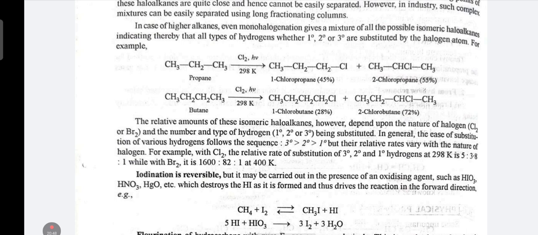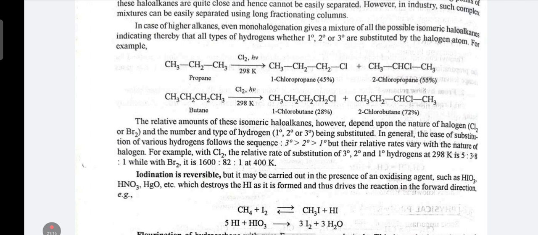The relative amount of isomeric haloalkanes, however, depends upon the nature of the halogen and the number and type of hydrogens, primary, secondary or tertiary, being substituted. In general, the ease of substitution of various hydrogens follows the sequence tertiary, secondary, primary, but the relative rate varies with the nature of the halogen.